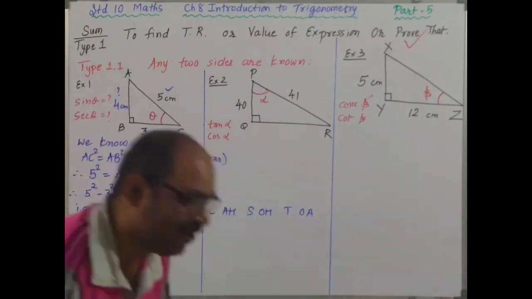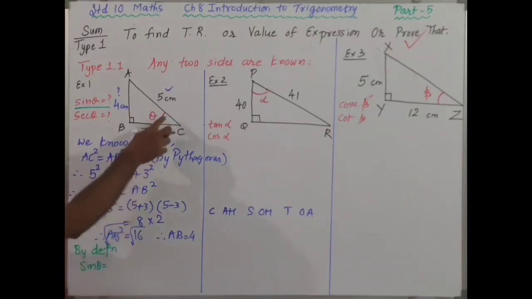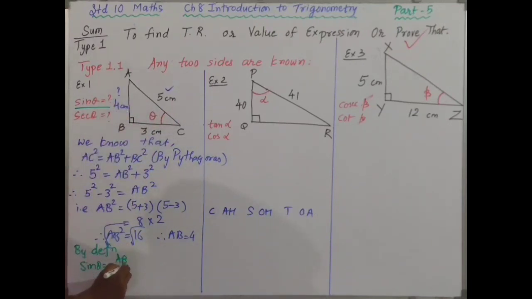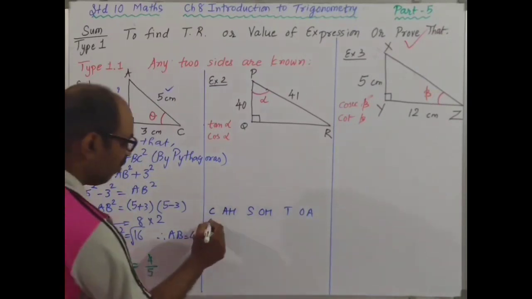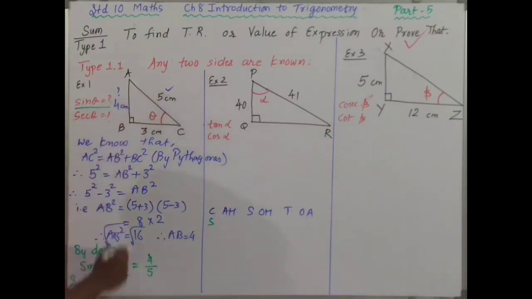Now that you know all 3 sides, write. By definition, you need sin theta. Sin theta is equal to opposite side AB upon hypotenuse AC, and that is equal to AB is 4 and AC is 5. So sin theta is this. And say sec theta, it is the reciprocal of cos. So hypotenuse upon adjacent. What is hypotenuse?